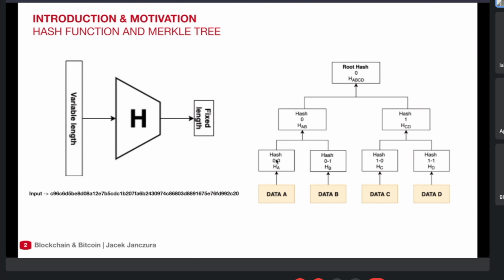So we take as an input hash 1 and hash 2, and we hash them together. We have hash AB, and we do the same with hash C and D. We've got hash CD, and then we hash AB and CD, and we have a root hash. And then whenever something is changed in data B, hash B will be different, hash AB will be different, and the root hash will be different. So it's super easy to quickly check that one piece of data was corrupted and check the integrity of data.